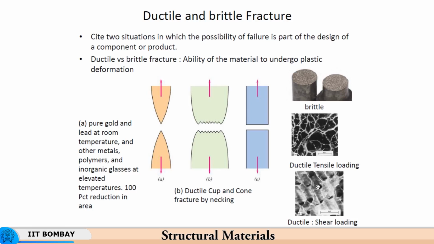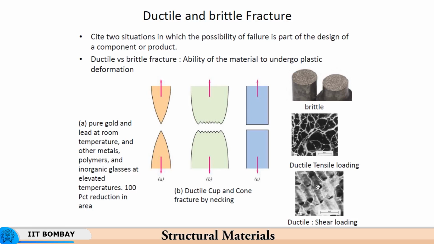Whereas, here it is also a ductile fracture, but then it has not gone up to a point. That is because the internal voids have grown, and these internal voids have resulted in depletion of the actual cross section which carries the load, and subsequent shear lip formation over here.